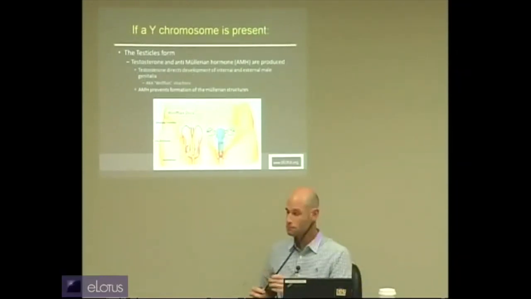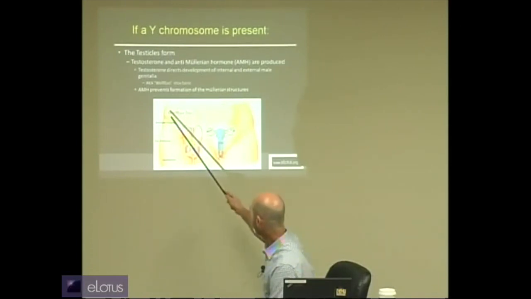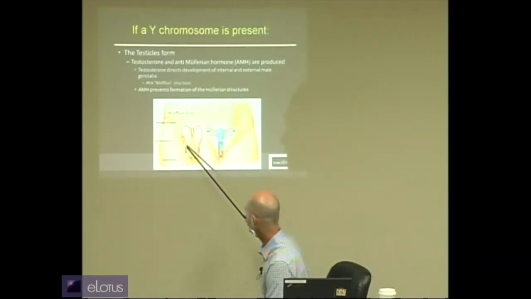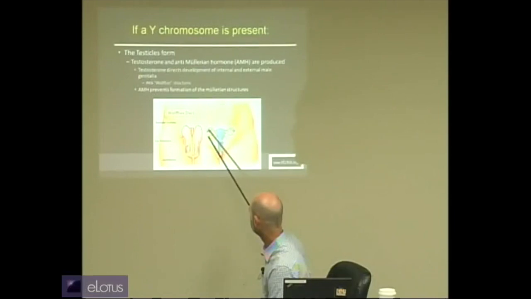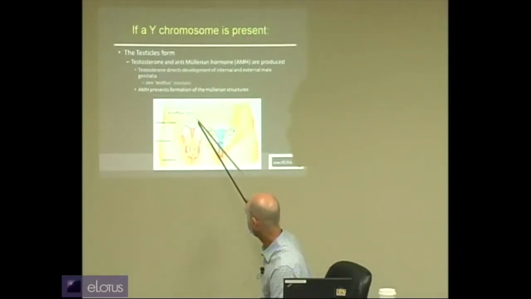So, in this drawing here, the Wolffian structures, which are the male structures, are these things, like the epididymis, the vas deferens, the seminal vesicles, and this over here is going to be the Mullerian structures, which we'll talk about. But this is the key. If the testicle is there, the testosterone causes production of these and prevents production of these.